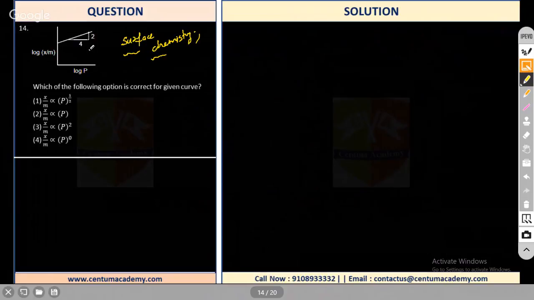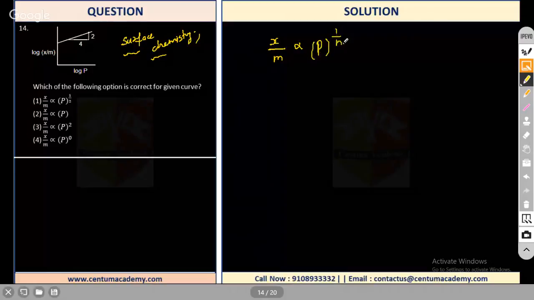The relation we have here: we know what x by m is. It is the mass adsorbed at the surface, so x by m is the ratio of mass adsorbed at the surface of the adsorbent. It is directly proportional to pressure P to the power 1 by n, where n is an integer.